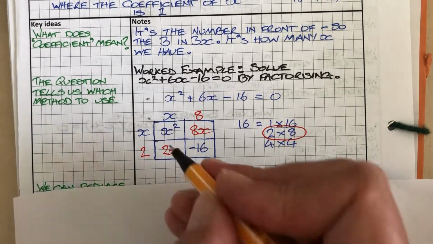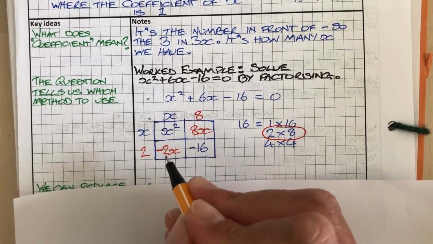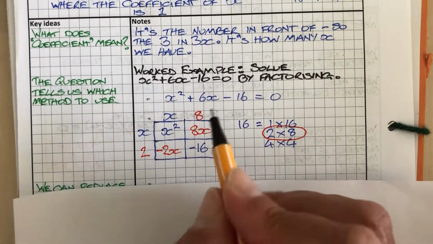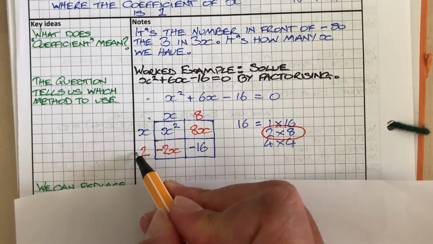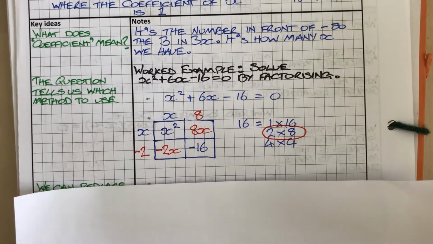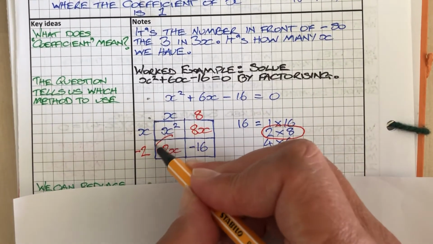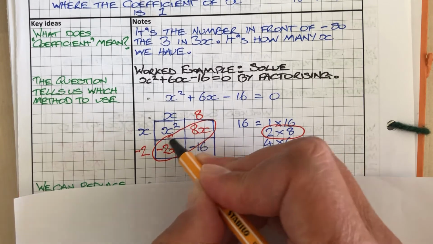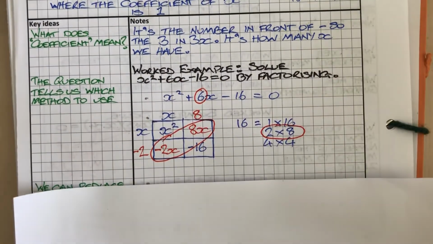Well, that would work if it was minus 2x. 8x add negative 2x would make 6x. So this is minus 2x, which means this must be minus 2. And then I can see that these two numbers here combine to make this number.